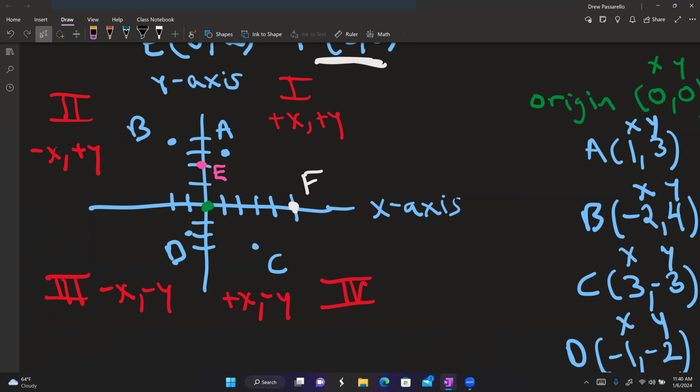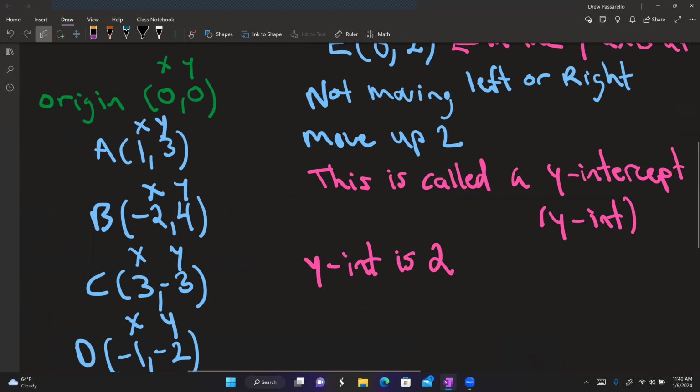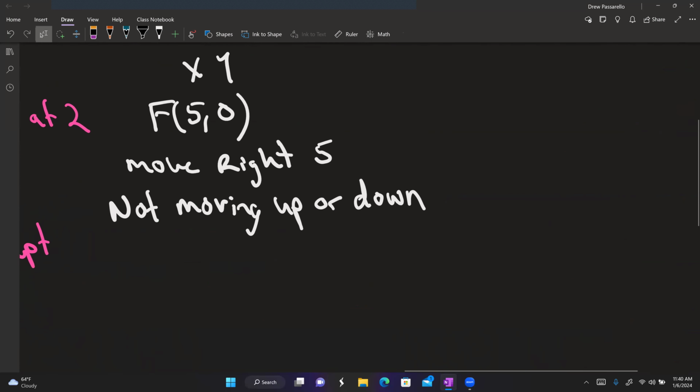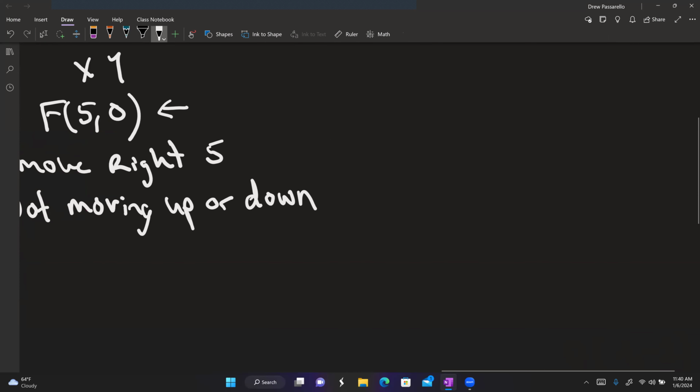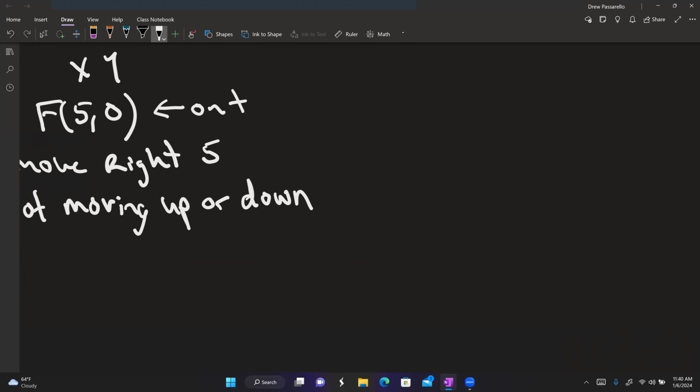And I'm going to add some information now. So I said point F is on the x-axis at 5, and that's called an x-intercept. Okay, so 5, 0. This is an x-intercept, and it's on the x-axis at 5. Again, this is why you can't flip the coordinates or switch x and y. It's very important that you keep the order.